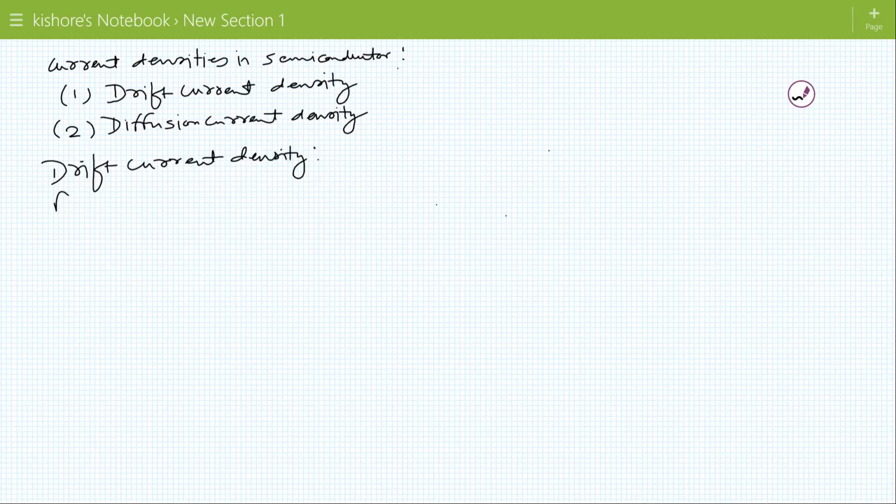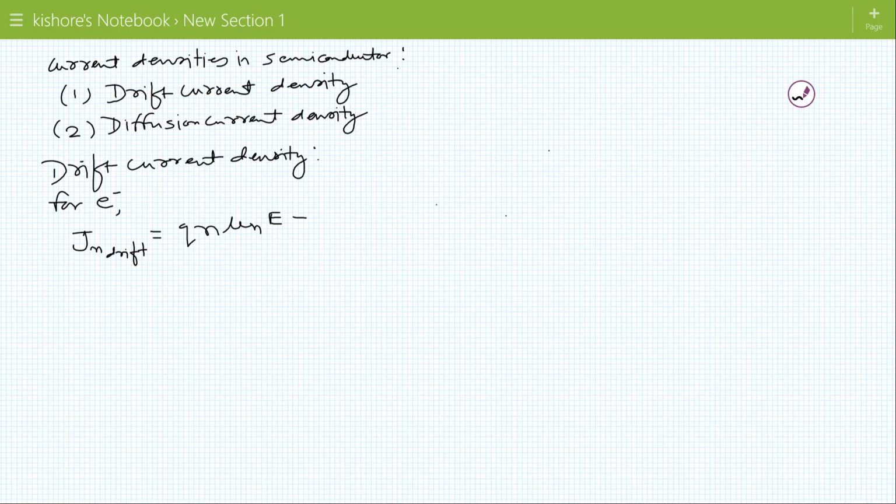For electrons, J n drift is q n mu n E, where q is charge of electron and n is concentration of electrons, mu n is the mobility of electrons, E is the electric field.